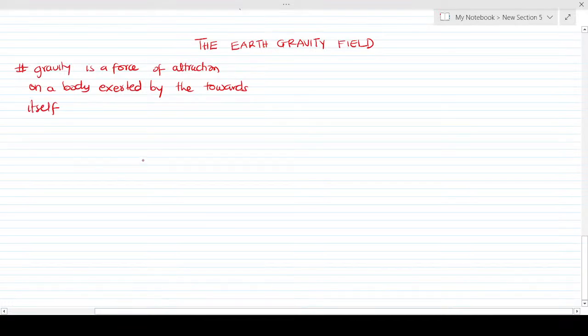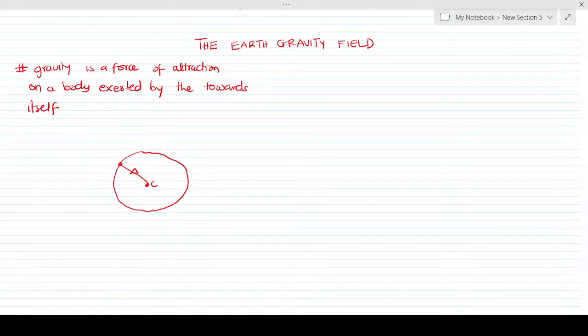Assuming this is the Earth and there is a body on the surface, and this is the center of the Earth, there's a force drawing this body towards the center of the Earth. So the Earth pulls things towards itself, and that pull is what we call gravity or gravitational force.